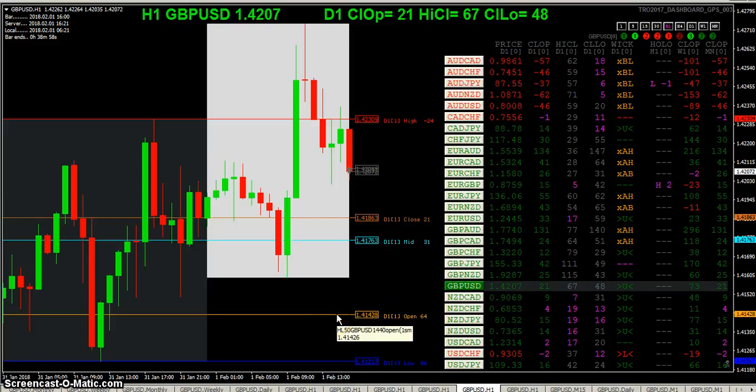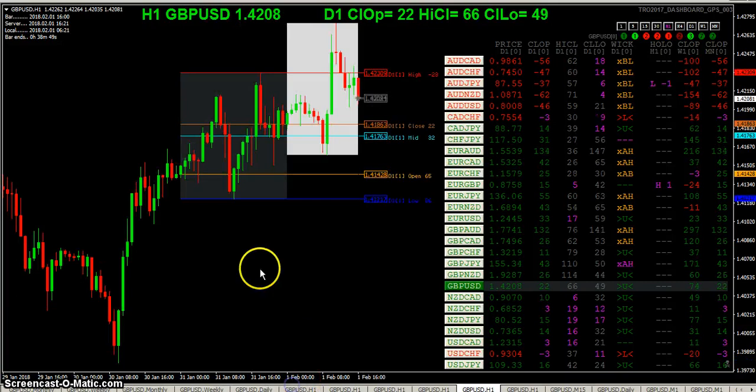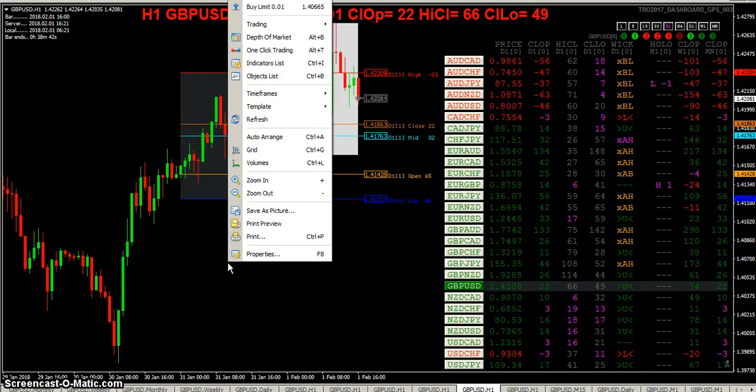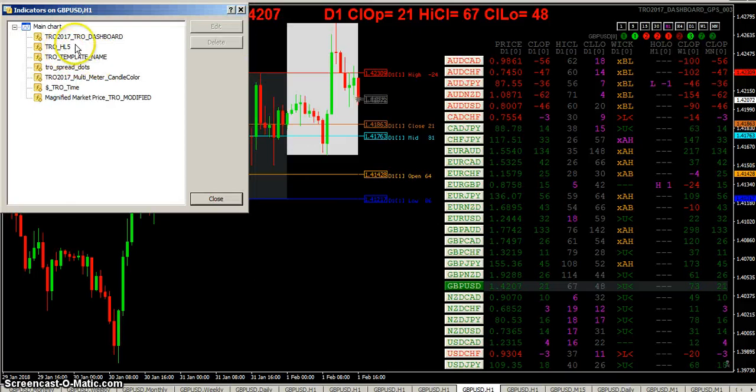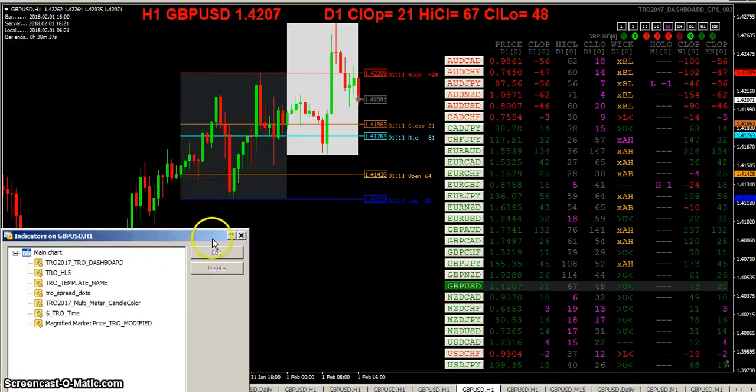Okay, what are we looking at here? I modified TRO-HL5 and I put the new code out on my Facebook group, TheRumpledOne, Never Lose Again. The TRO-HL5 indicators, the one I modified.